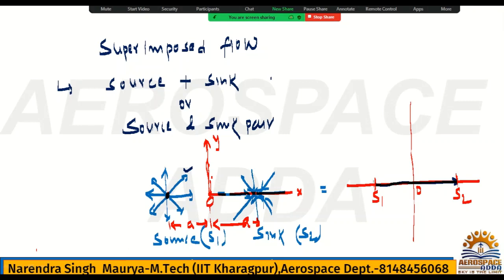This streamline will be attracted by this sink, so it will be like this. Why is it going like this? Because this is the source, it is originating the flow, and this sink will be absorbing the flow. So automatically, just like a magnet, it will attract towards the sink. Similarly, downside also it will happen.